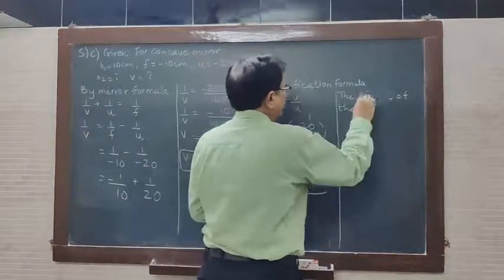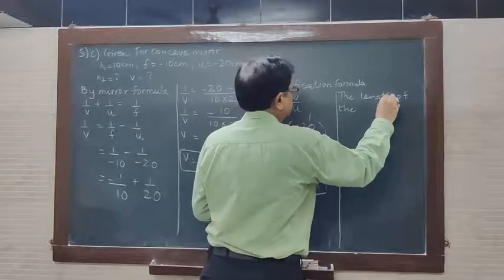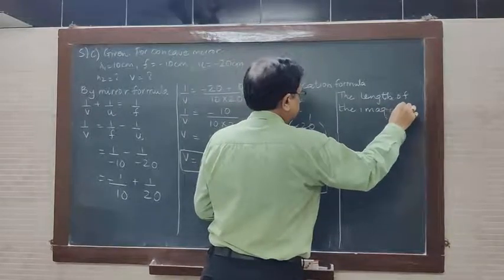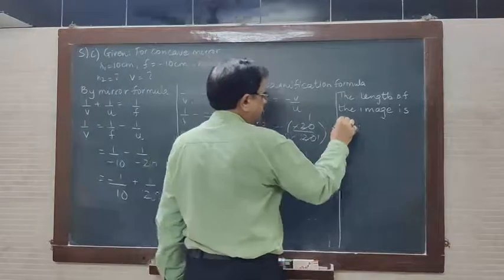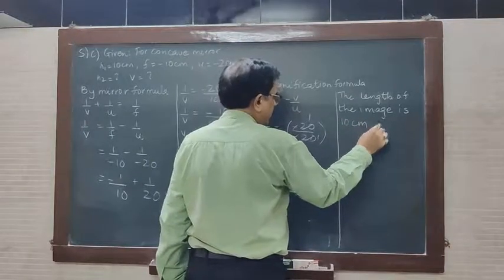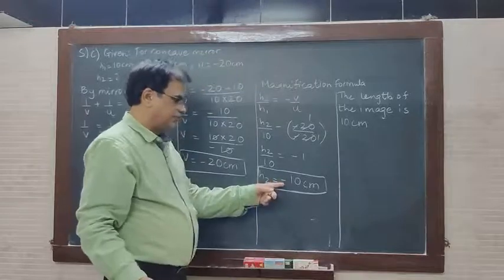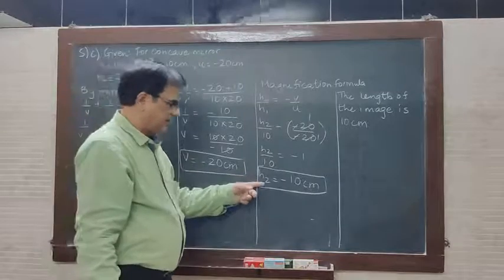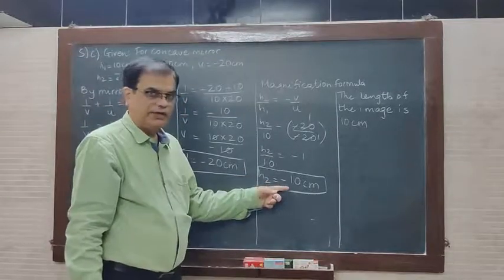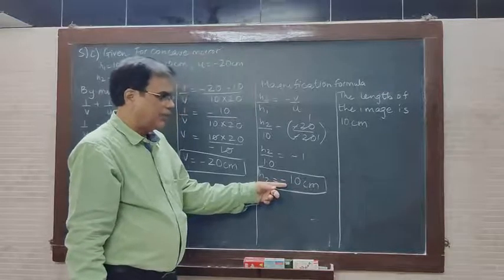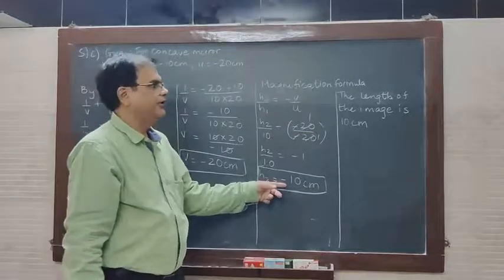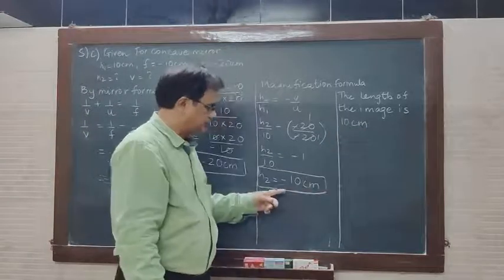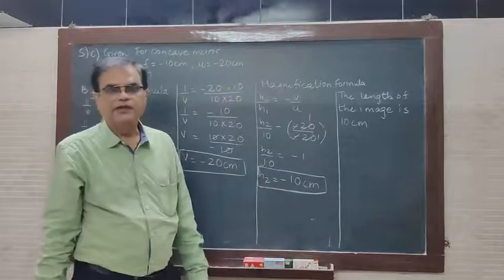The length of the image is again 10 centimeters. Negative image, negative V, so real image. Negative height of the image, so inverted image, right? But length cannot be negative or height cannot be negative. Therefore, the height of the image is 10 centimeters. The height is always positive. Therefore, the height of the image is 10 centimeters.